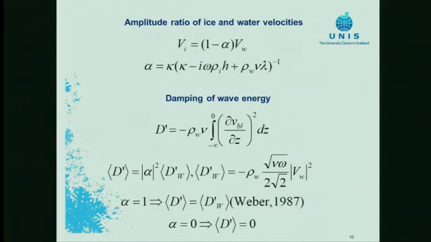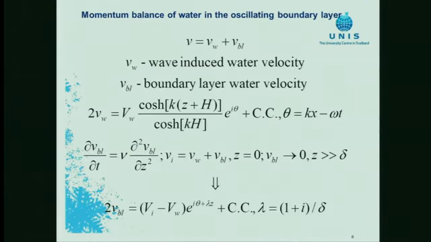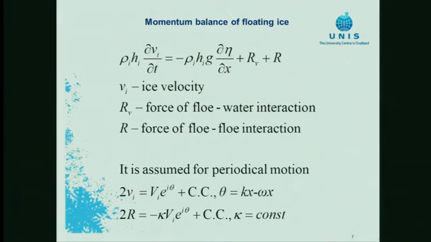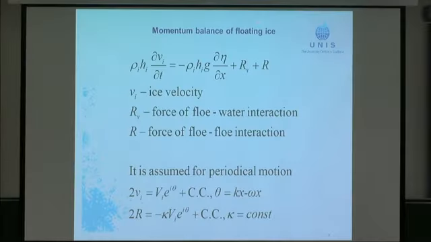If we use these formulas in the equation for momentum balance of floes, then I may derive that ice velocity is proportional to water velocity with some coefficient. This coefficient is very simple. This formula follows from the assumption that the force of floe-floe interaction in linear approximation is proportional, with some coefficient kappa, to the amplitude of floe motions.